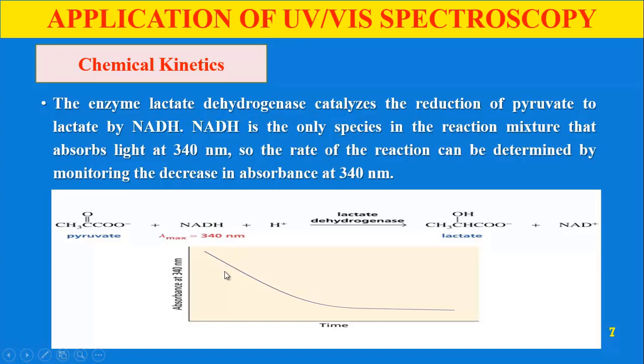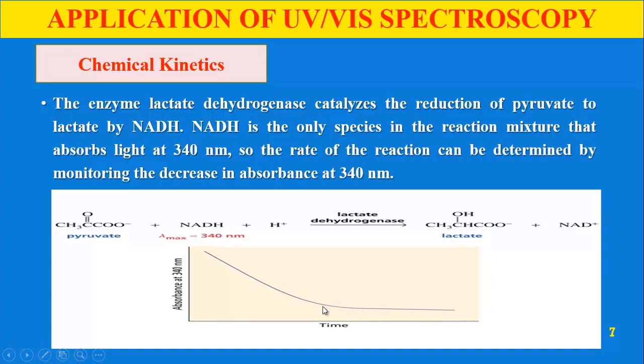As you see in the graph, first the NADH concentration is higher. With the passage of time, as the reaction proceeds from reactant to product, meaning pyruvate changes into lactate, the concentration of NADH decreases and at some time it goes constant.